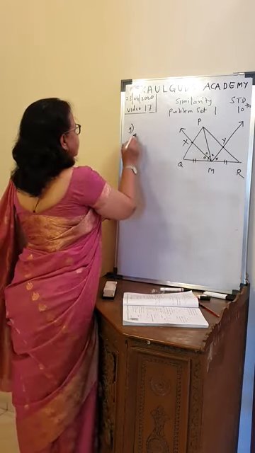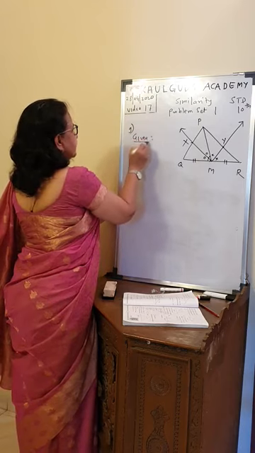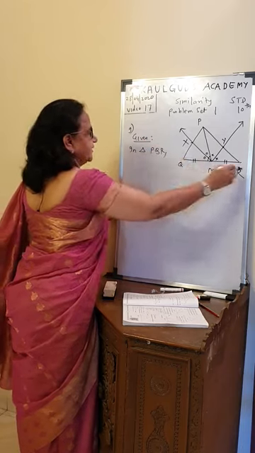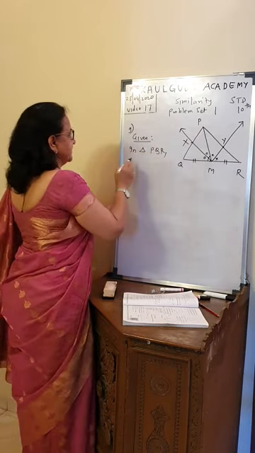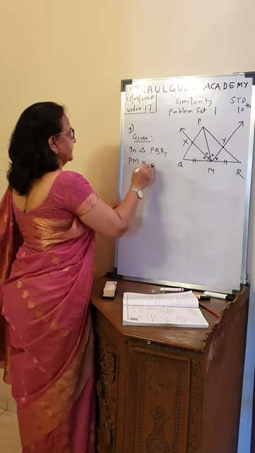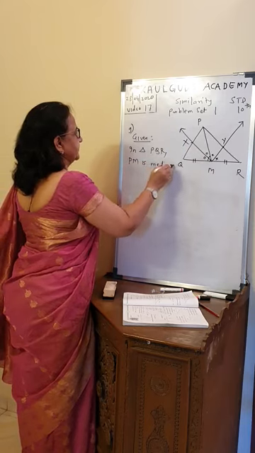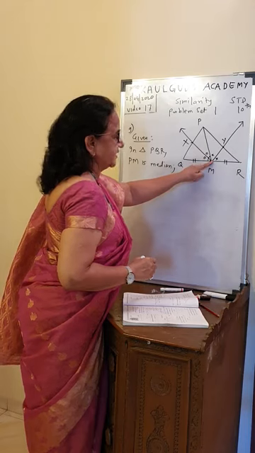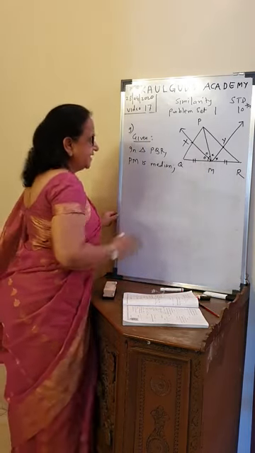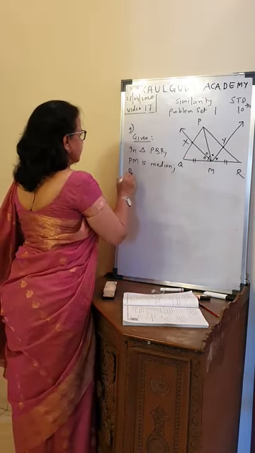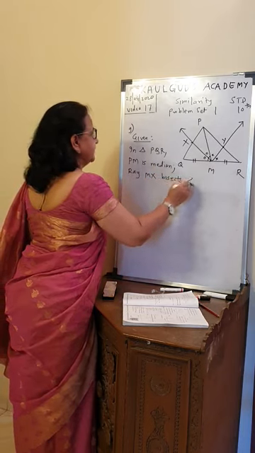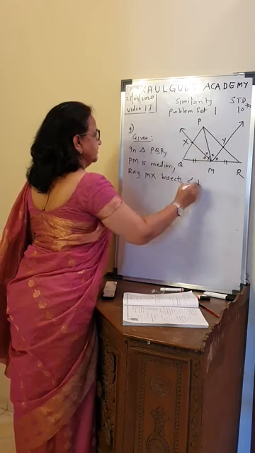Okay. Now I will just say here what is given. Observe. In the big triangle PQR, PM is the median. You know the median joins the opposite vertex and the midpoint of the side. So that's a median. Next, ray MX bisects angle PMQ.